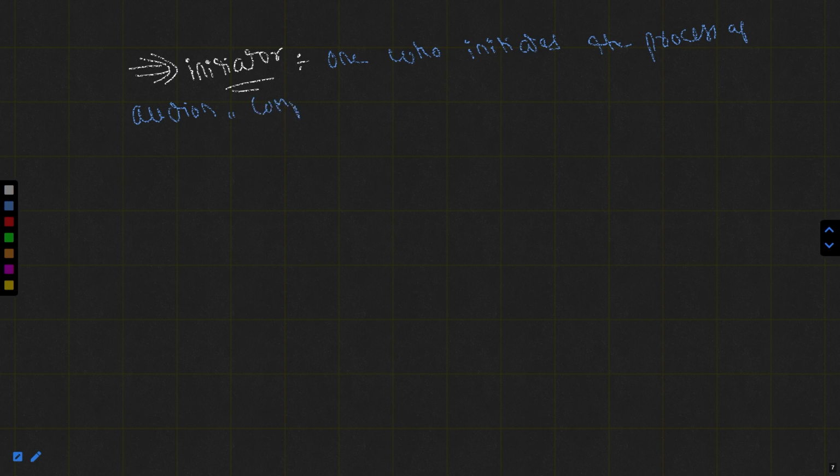Means a company wants to sell the shares in the market. This is called the initiator. I will explain it in detail. Right now I am just writing down the definition so that you could get the basic information. After initiator, what we have is the competitor.